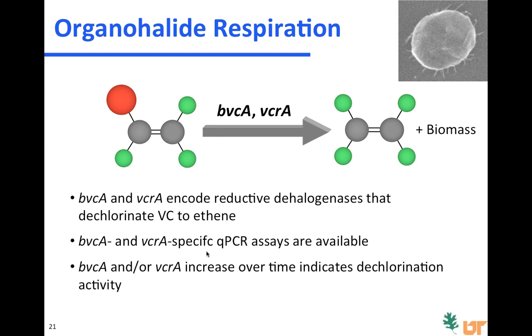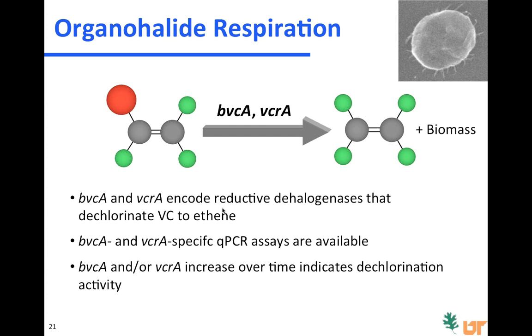So then coming back to organohalide respiration, I mentioned it before, bvcA and vcrA encode reductive dehalogenases that dechlorinate vinyl chloride to ethene. So those are obvious targets for this process, and bvcA and vcrA specific qPCR assays are available.